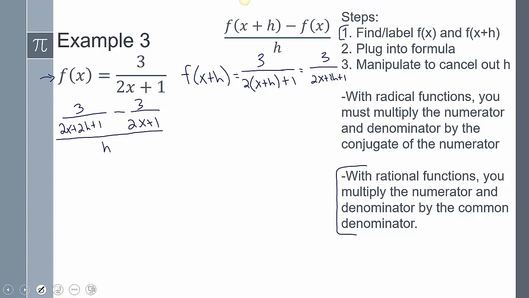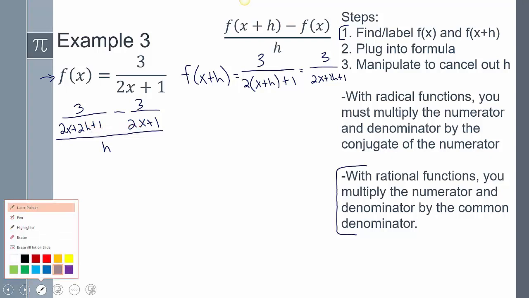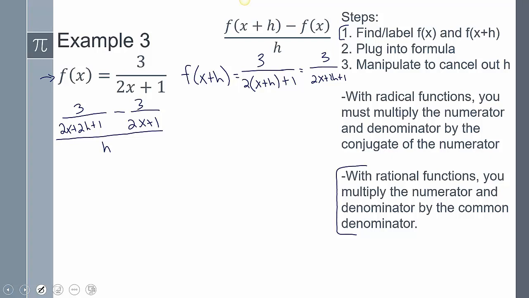So with the rational function, you multiply the numerator and the denominator by the common denominator. Well, it looks like there's potential for me to combine these together. So the common denominator would be that this needs a 2x plus 2h plus 1, and then this needs a 2x plus 1.